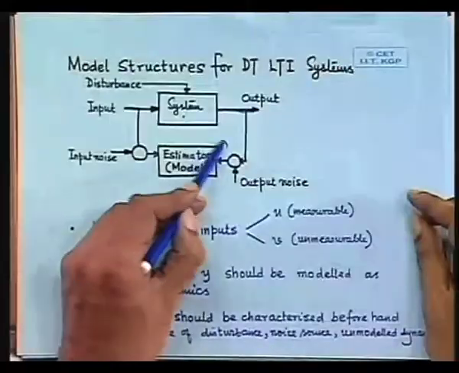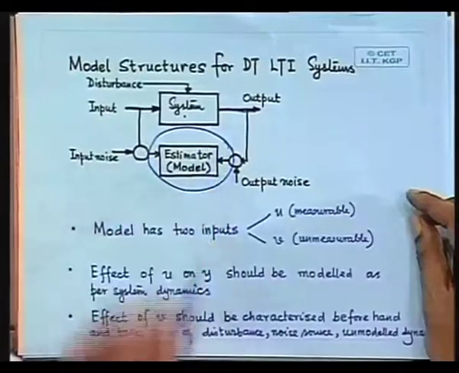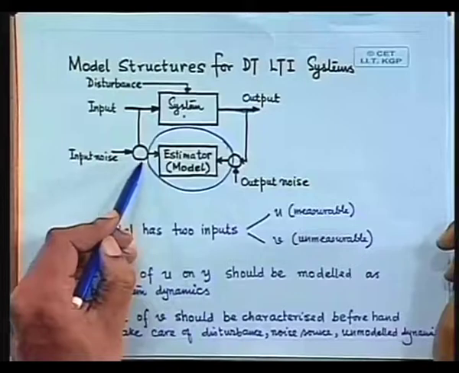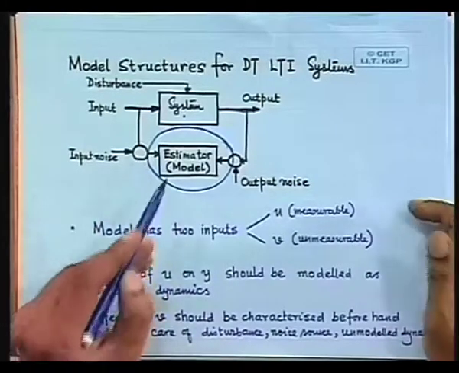So first of all, remember, coming back to model structures, that this is what you are doing. Actually you have a system, you have an input and you have an output, and this is your estimator. And what are you sending to your estimator?